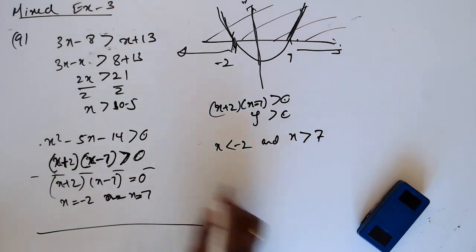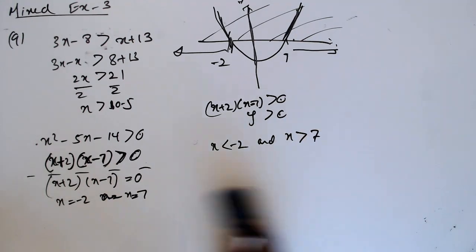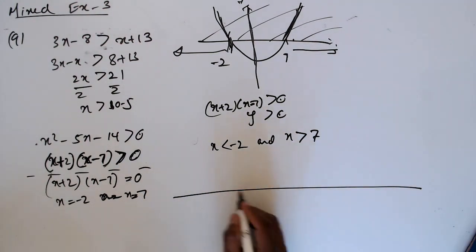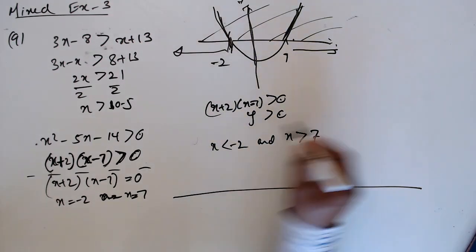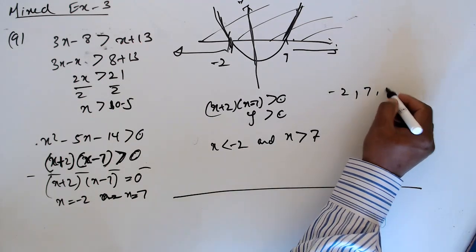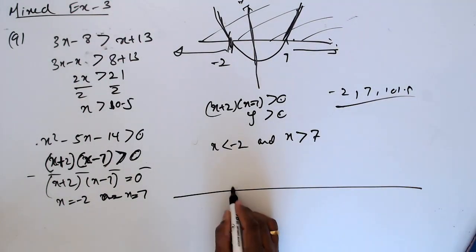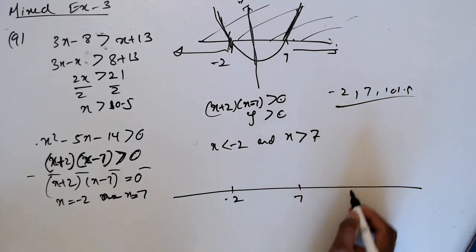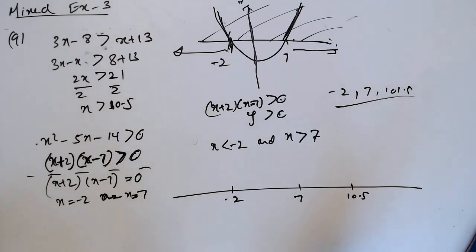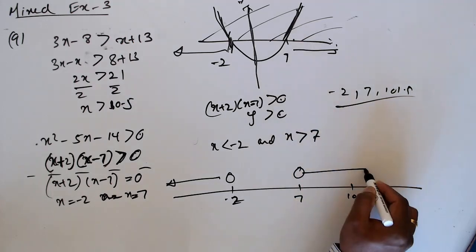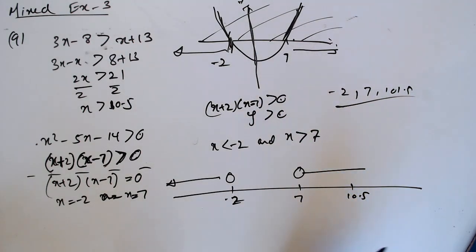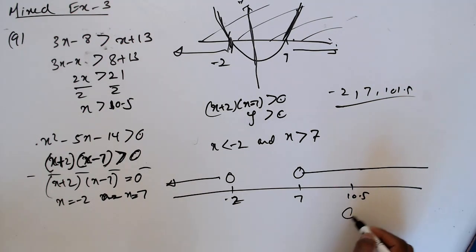Now we'll solve these inequalities. Minus 2, 7, 10.5, in ascending order. And x has to be greater than 10.5.